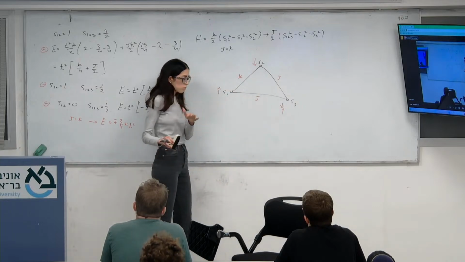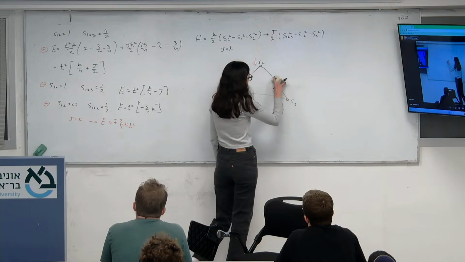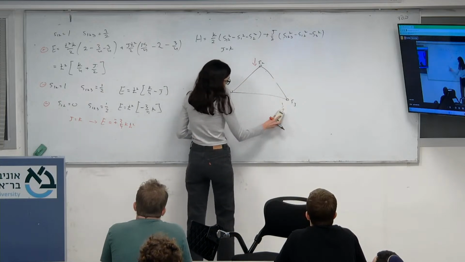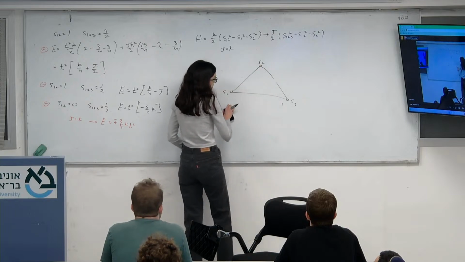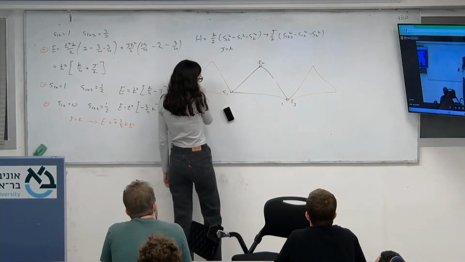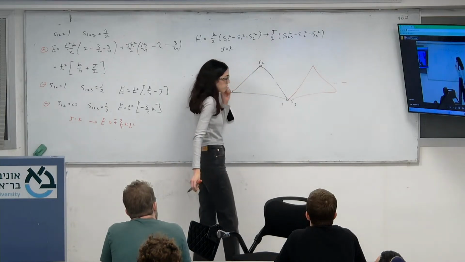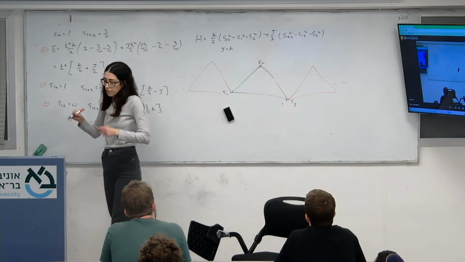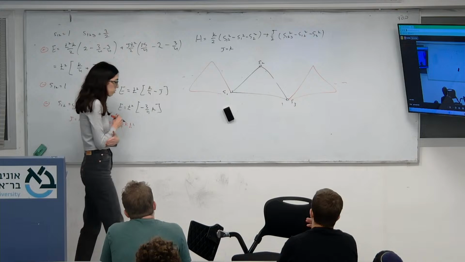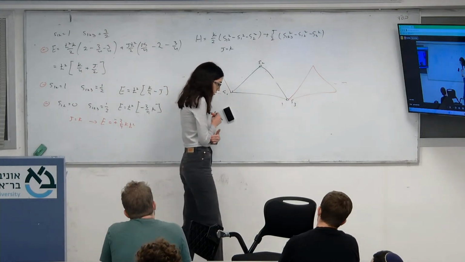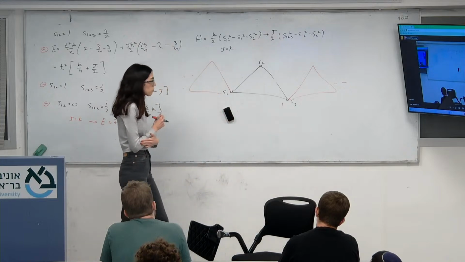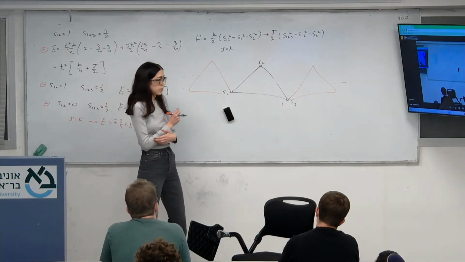Now, in the homework, what you're going to have is a chain. So we have something like that. You have n triangles and they go in a line. And you need to use a variation method to calculate the energy.